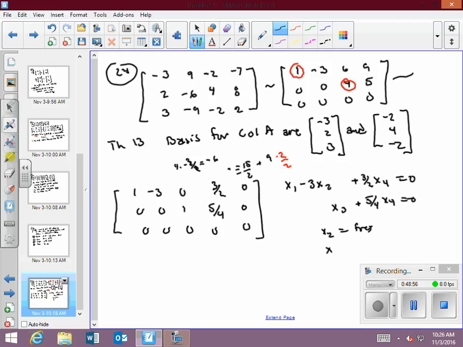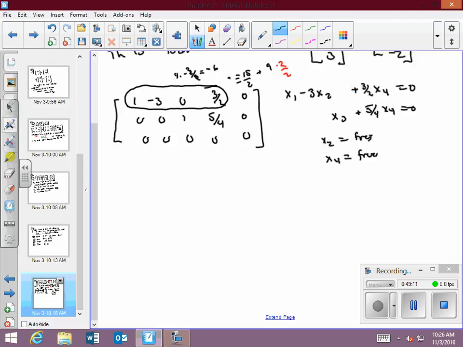You gotta have 4 of them. For null, you have to have entries for these 4, right? So then, x1 equals 3x2 plus 3 halves x4. x2 is free.